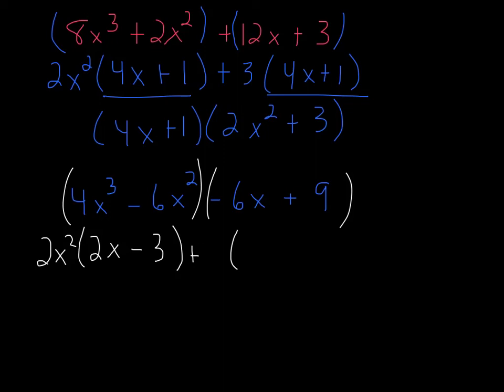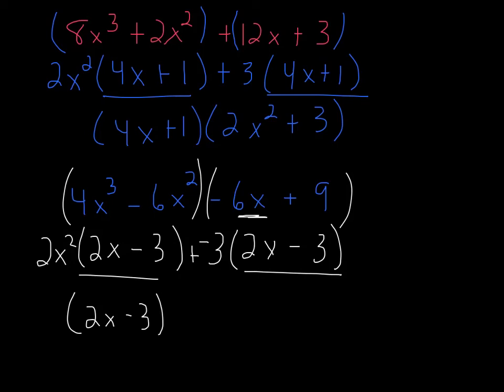So I'm going to pull out a negative 3. Then my first term is now 2x, and my second term, from negative 3 to positive 9, needs a negative 3. Now I have my common terms, so factor out that negative 3. I'm left with 2x minus 3 times the quantity 2x squared plus 3. Alright, that looks pretty good. Let's keep going now.